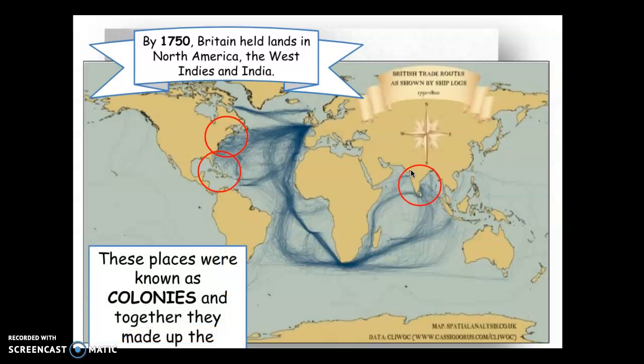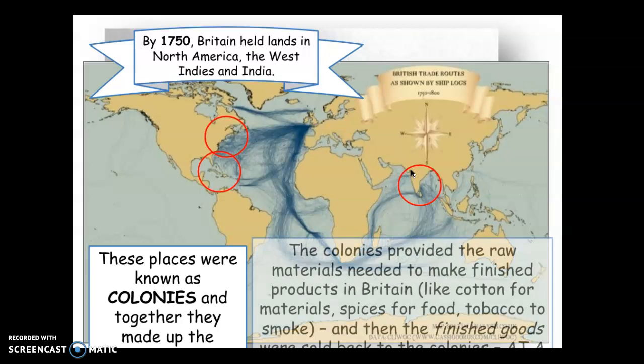These places were known as colonies, and together they made up the British Empire. The colonies provided the raw materials needed to make finished products in Britain, like cotton for materials, spices for food, tobacco to smoke, and then the finished goods were sold back to the colonies at a profit.